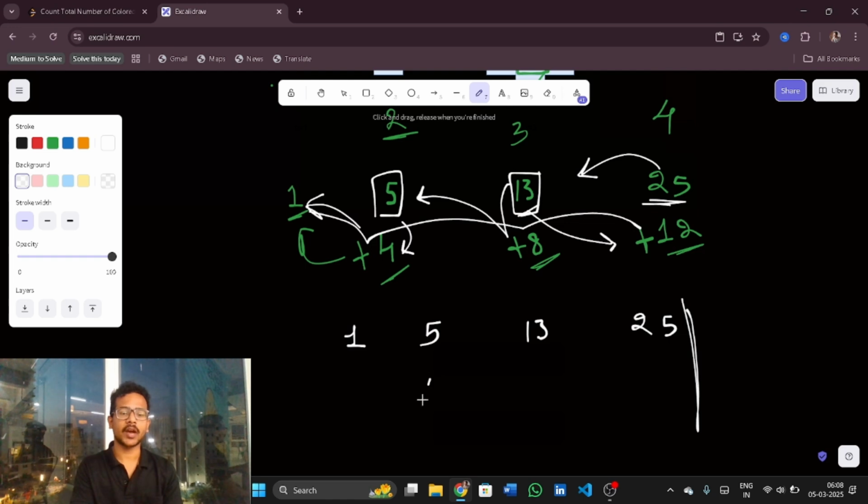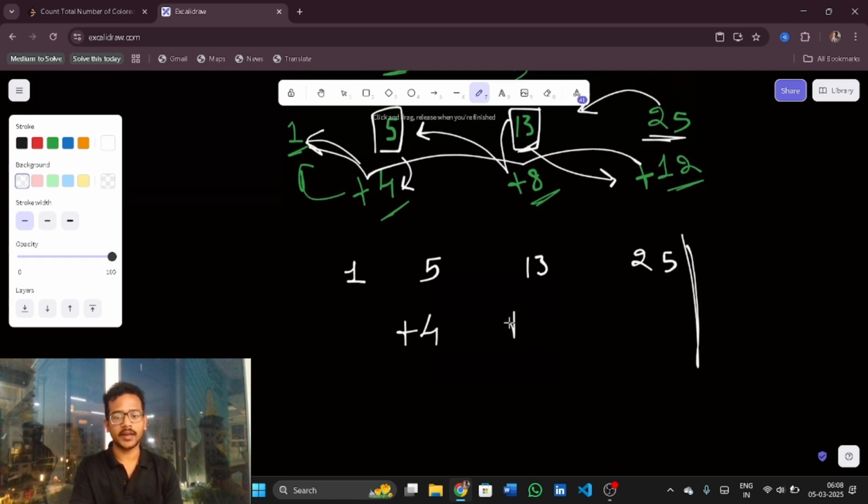If you see, I have added 4 here, then 8 here, and then 12 here, for only 1. So if I add 1 to 4, it will give me 5. If I add 1 to 4 it gives 5, and then I add 8, it would give me 13, which is for 3.